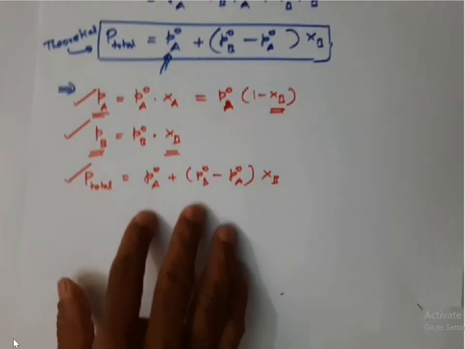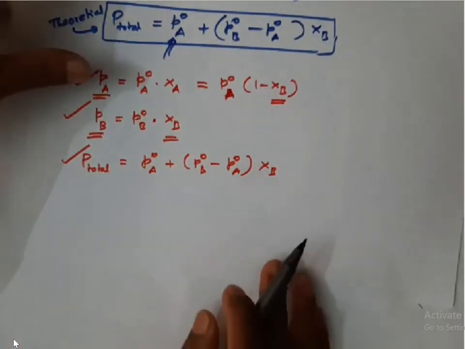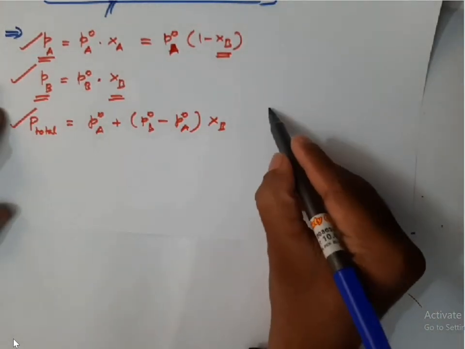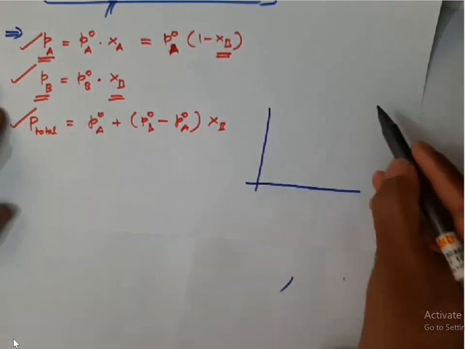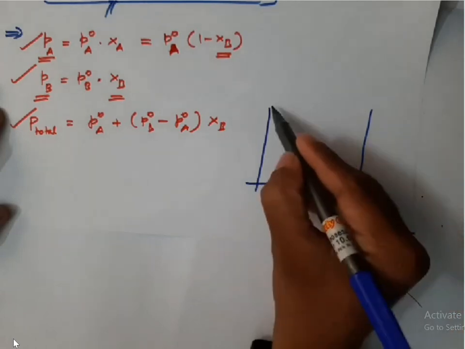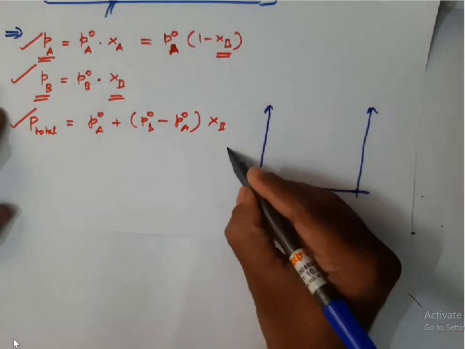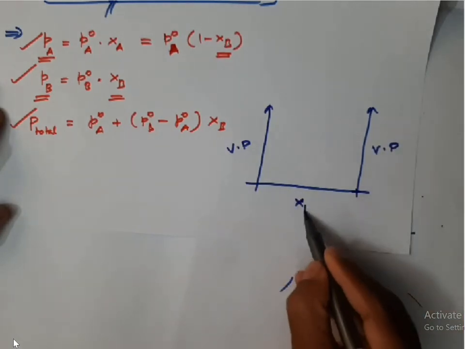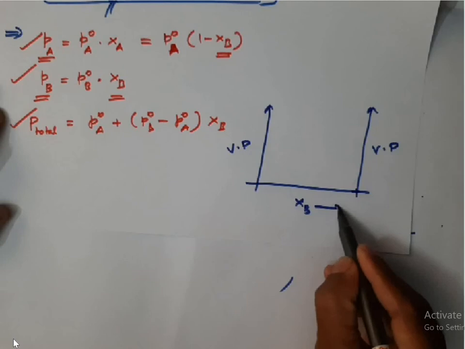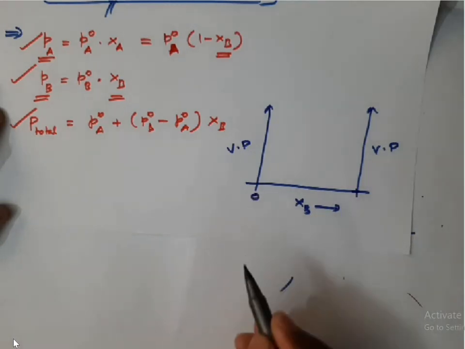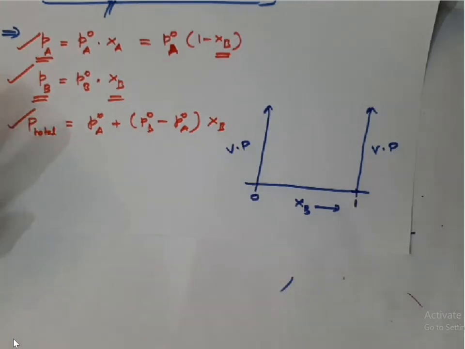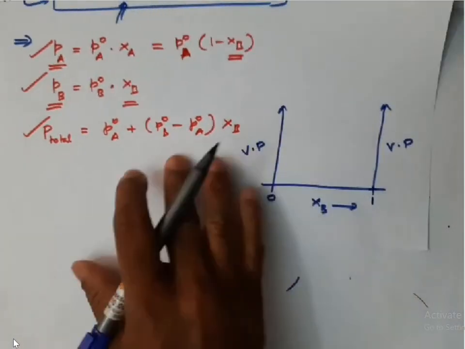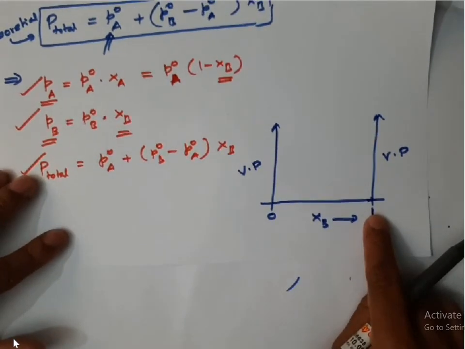So what I'm going to do, I'm going to plot these, and I'm going to show you how these look. I'm going to plot vapor pressure on the y-axis and mole fraction of B on the x-axis. Here mole fraction of B is 0, here mole fraction of B is 1. You know very well, if it is pure liquid B, then mole fraction should be 1.